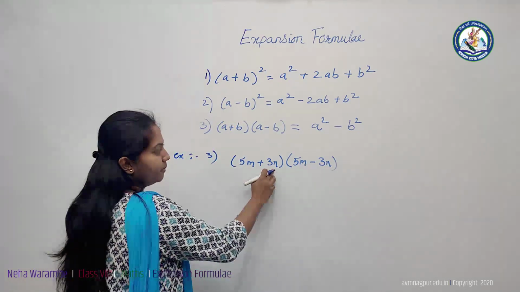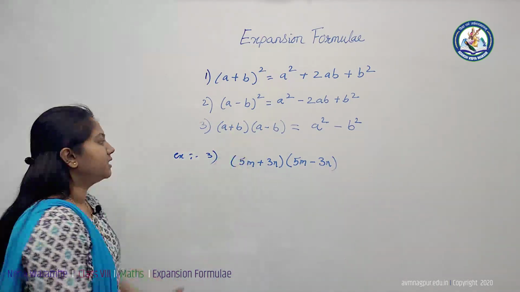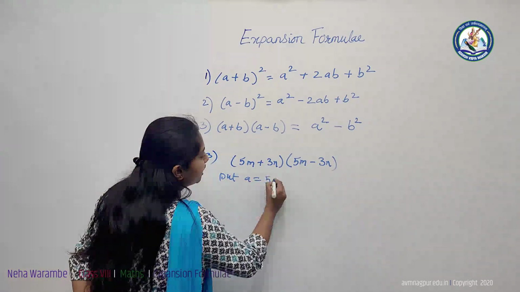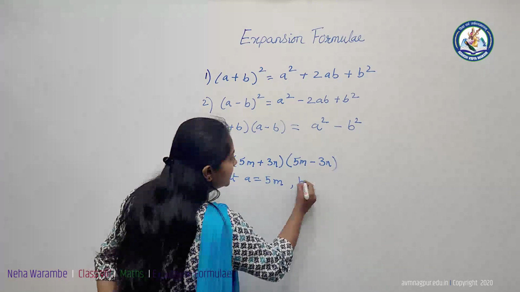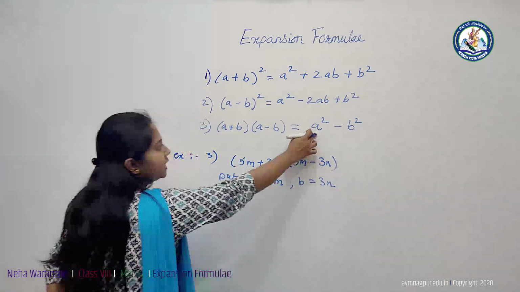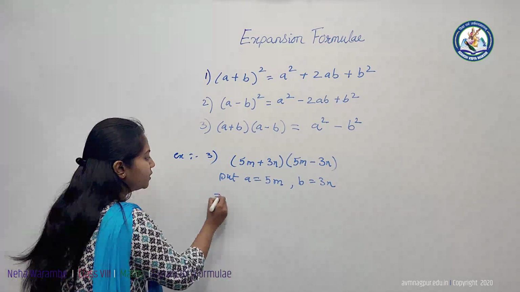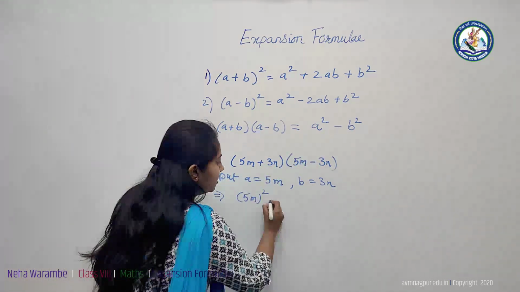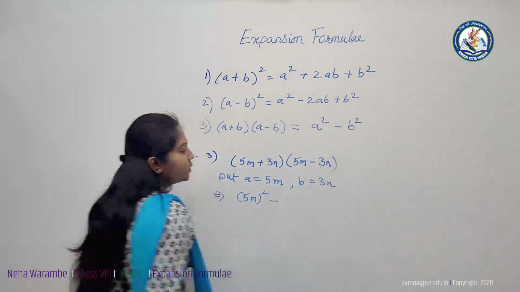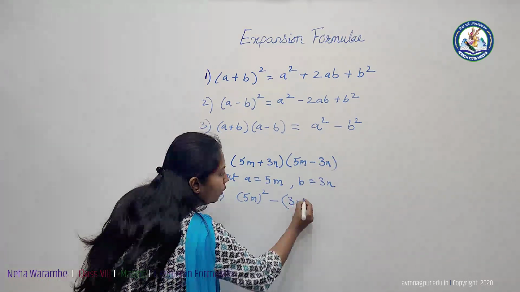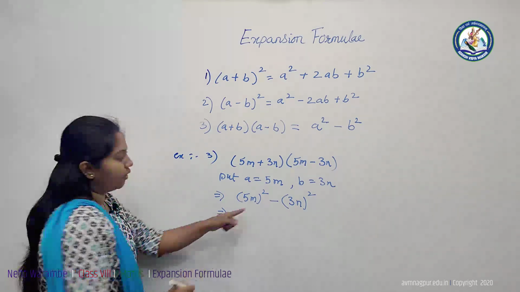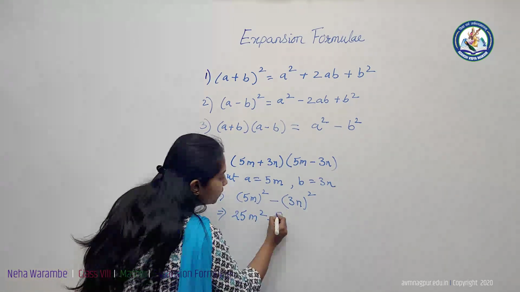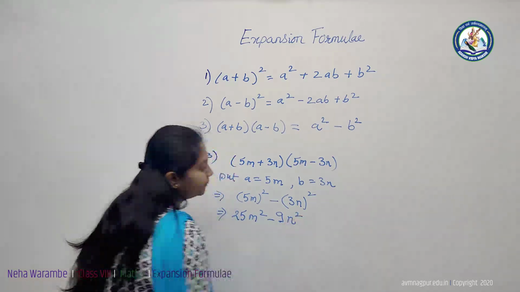See, (a + b)(a − b) means put a = 5m and b = 3n. a² means this first term square, that is (5m)², minus second term b square, that is (3n)². We know that square of 5 is 25, m², minus 3 square is 9, n².